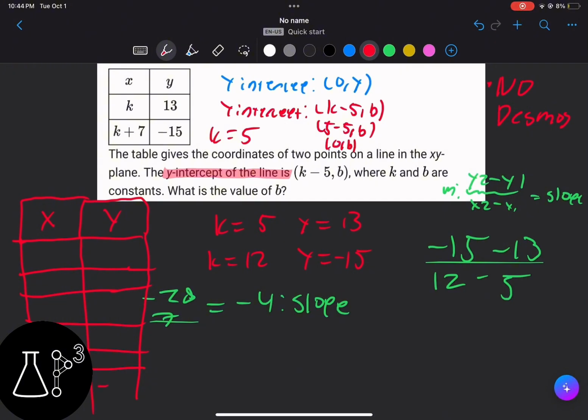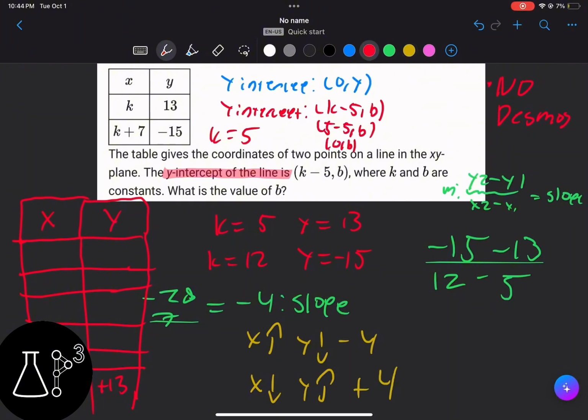y equals positive 13. And we see that y is decreasing when x is increasing. When x increases by 1, y changes by -4. However, when x is decreasing, the y value is increasing, so it gets added by 4. It will make more sense once I show you on the graph.